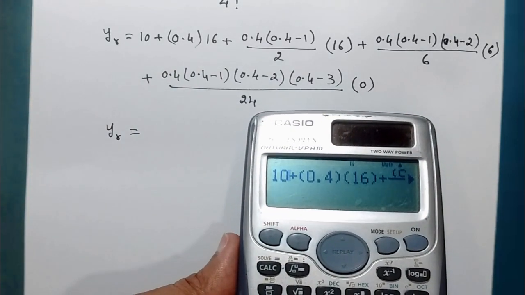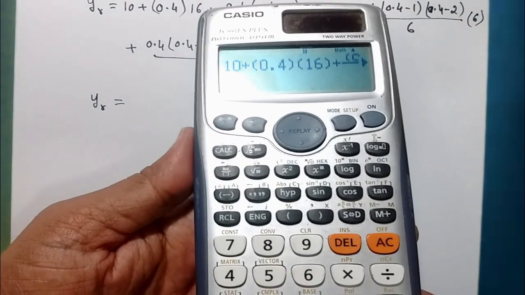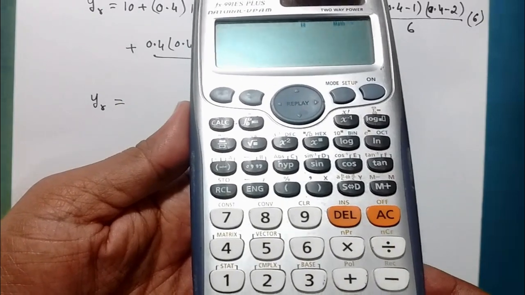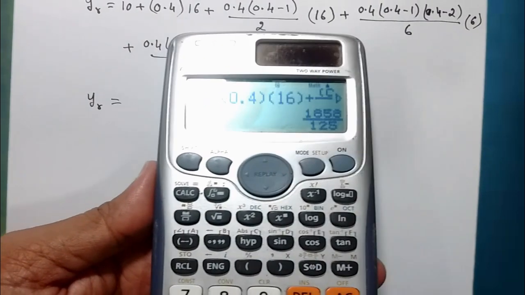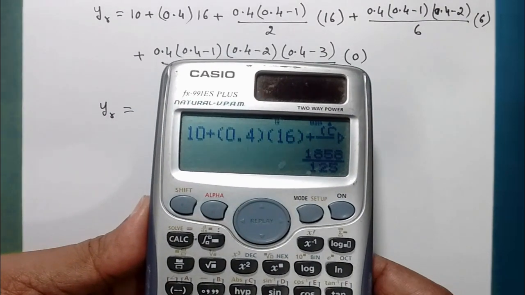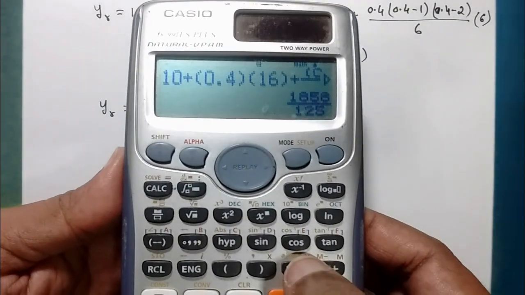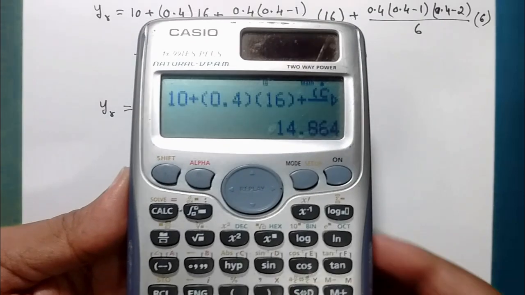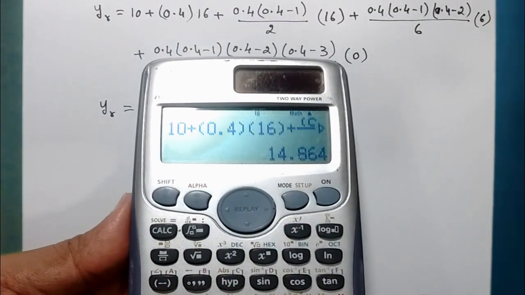So if you press equals to over here, you'll be getting the solution in terms of fraction. You can write that, just press this S-D button over here, you will be getting the required solution.